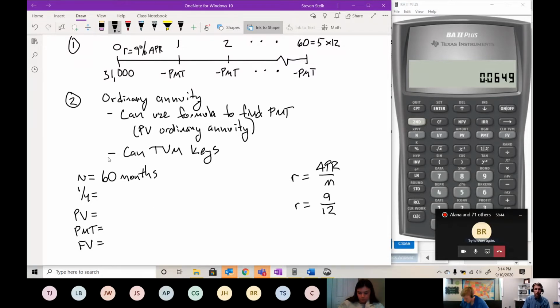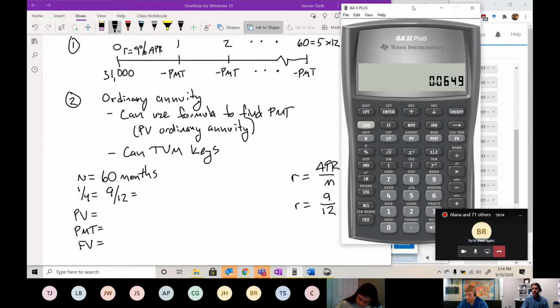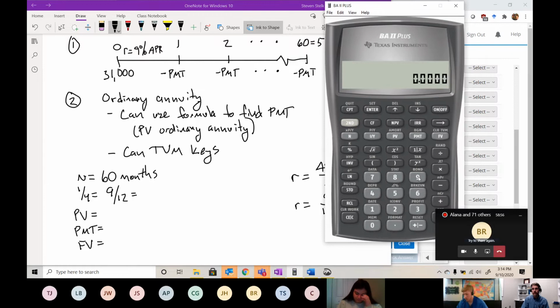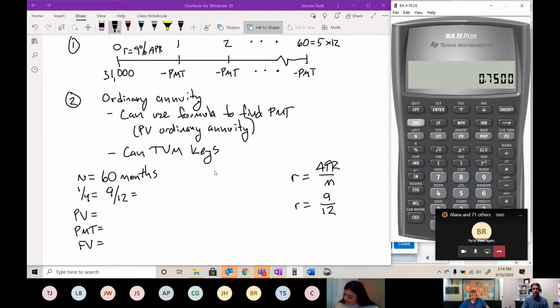So over on I over Y, I'm going to write in 9 divided by 12 equals, and I think I remember it, but just in case, let's type it in. 9 divided by 12 equals, yep, 0.75. And that is per month.